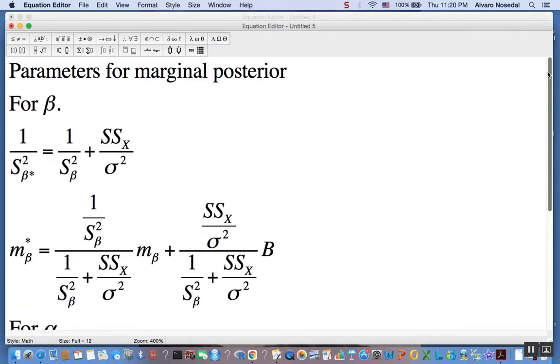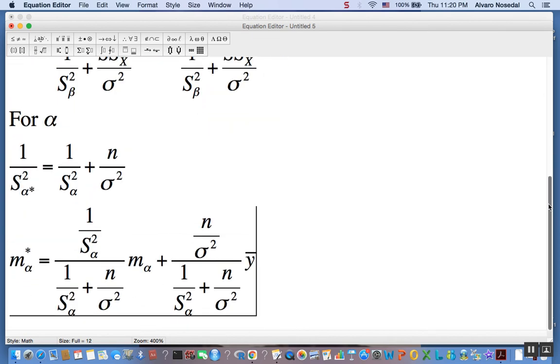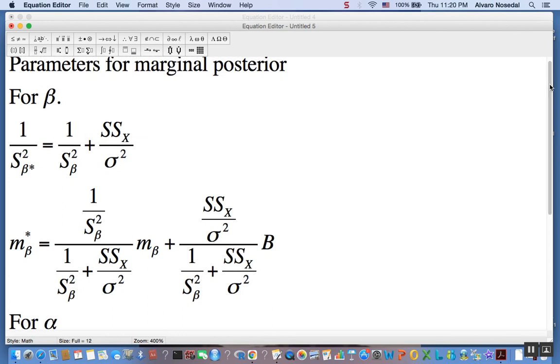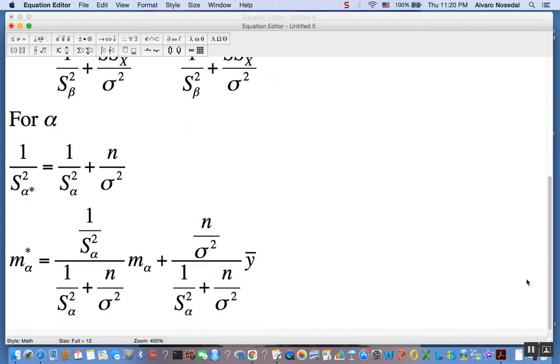Okay? Just like we did before. And just as a final comment, remember that if you're using a flat prior, variance is infinite and then the precision is 0, and then just make changes accordingly, and then you'll get the parameters for your posteriors. Okay?